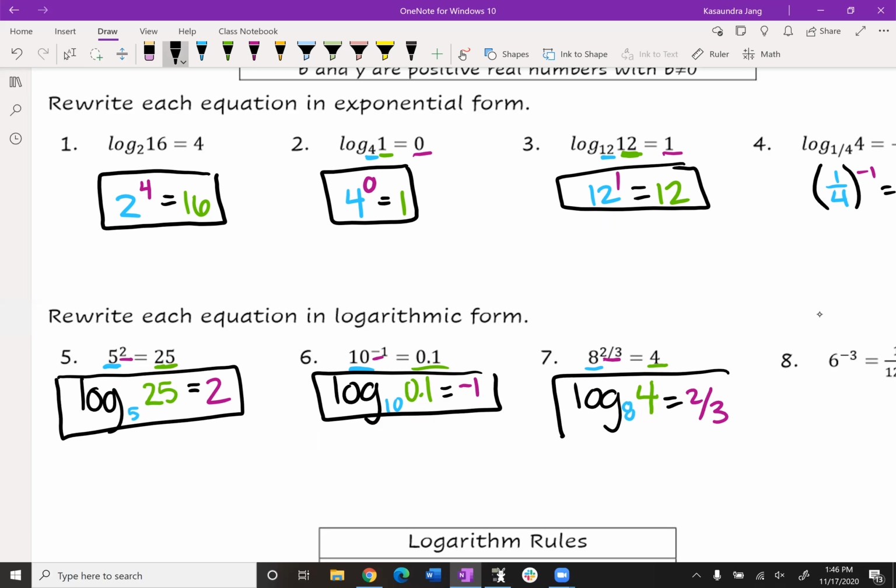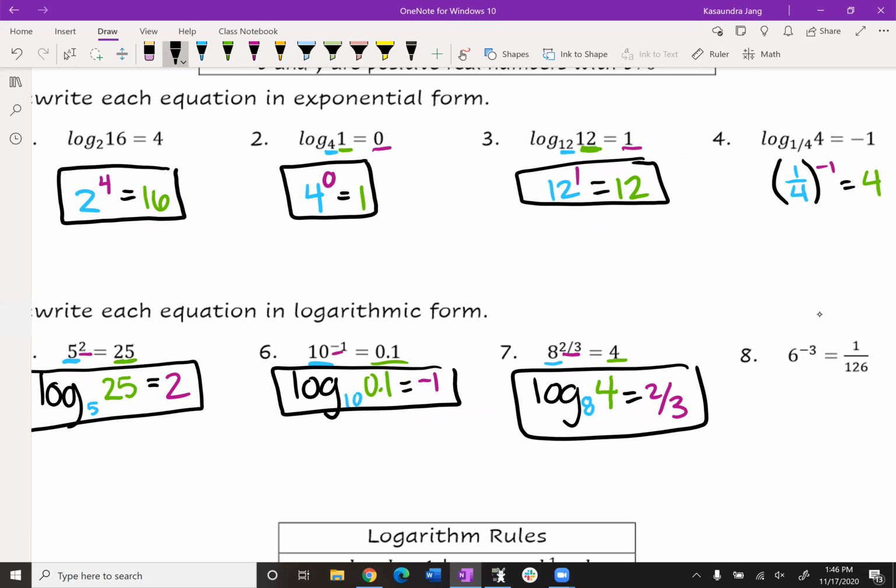All right, so number 8, last one here. Wilson, are you there? No response from Wilson. What about Lauren? Lauren, are you there? Nice, Lauren. I'm going to have you help me write this in logarithmic form.